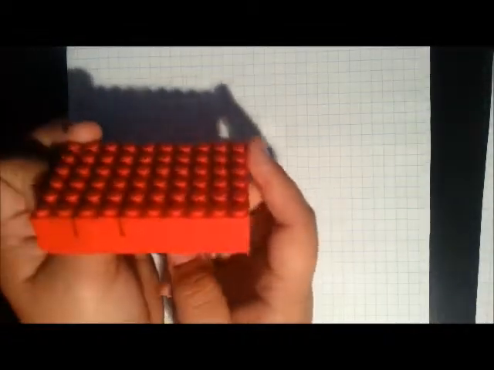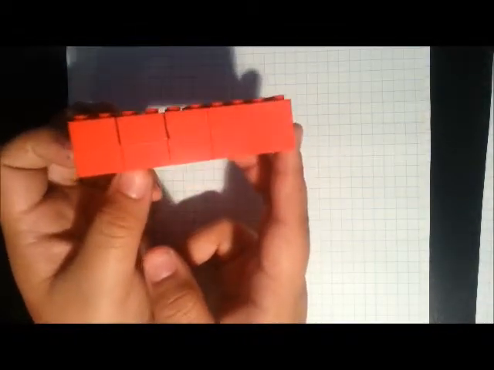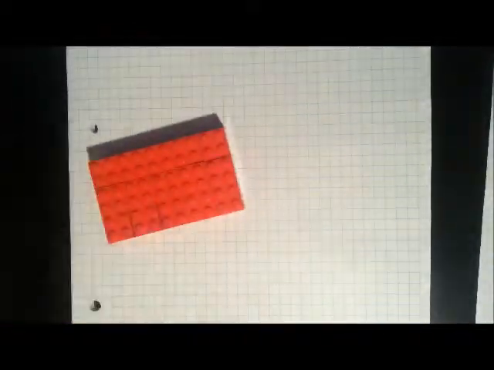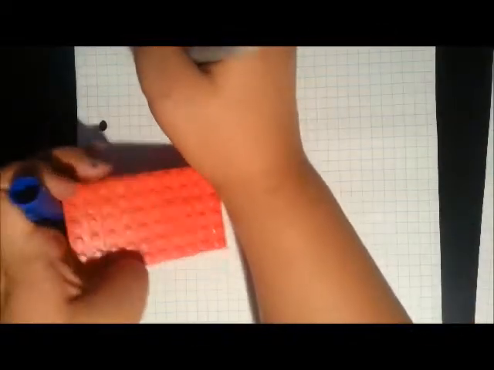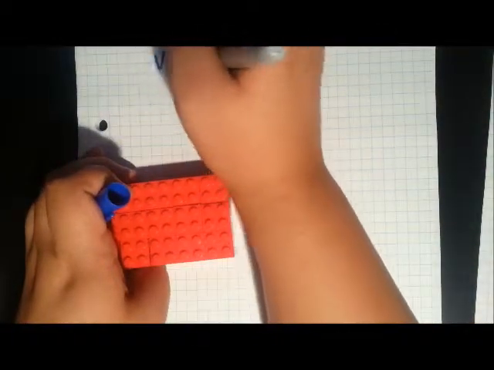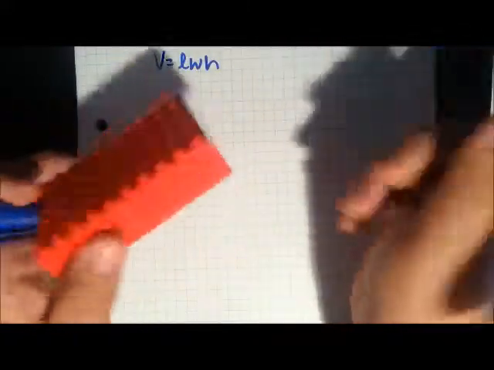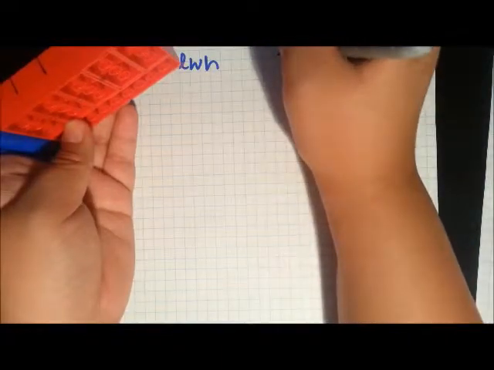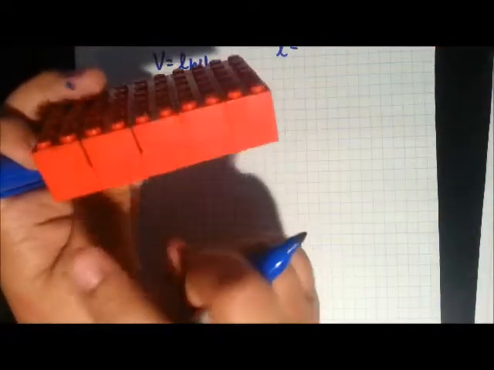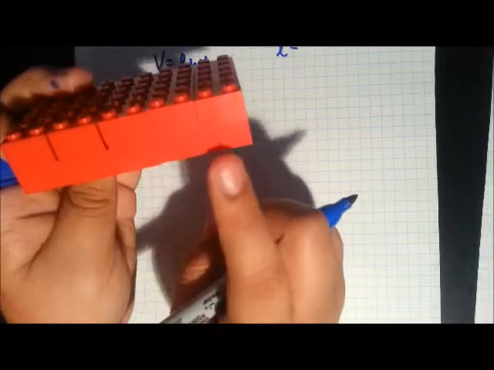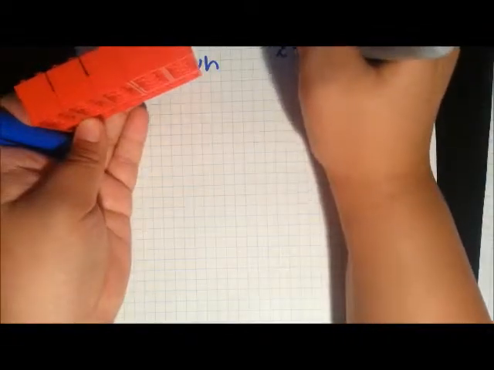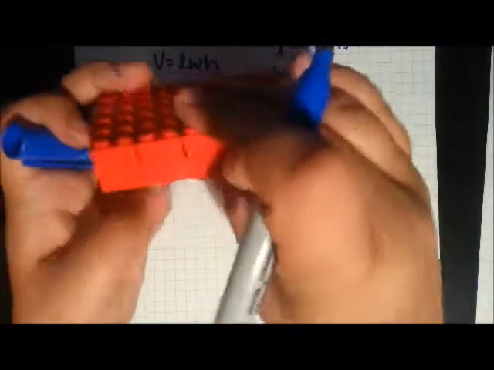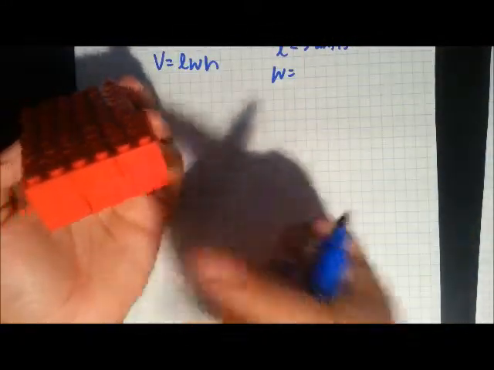For our final problem, we're going to be finding the volume for this rectangular prism. And so, again, the formula for volume is equal to length times width times height. The length of this prism is 1, 2, 3, 4, 5 units. The width is 1, 2, 3.